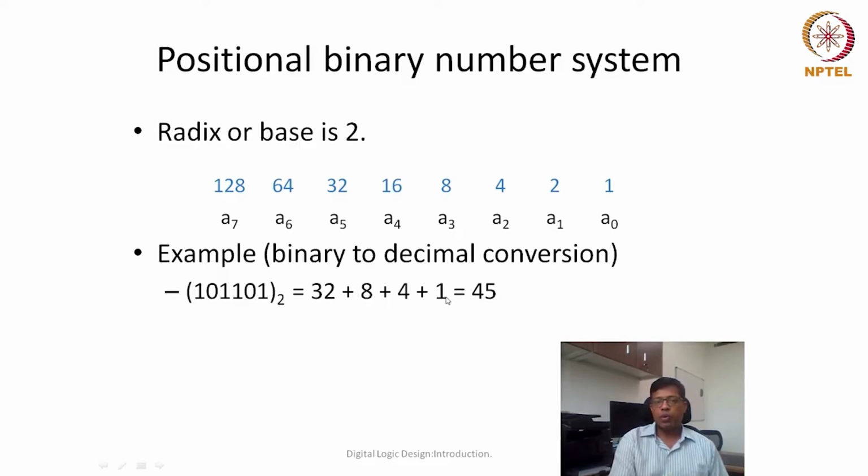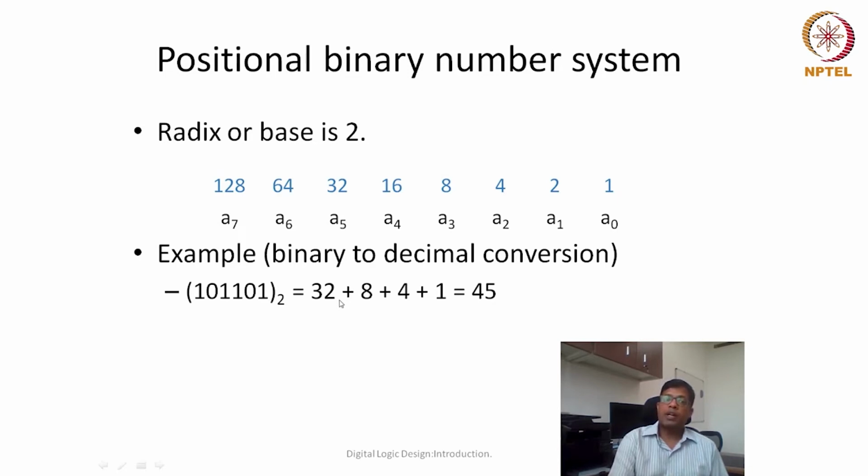So 1 would be multiplied by 1, and the next bit is 0, I am ignoring that, and then at A2 place I have 1. So A2 would be multiplied by 4, and then A3 is again 1, it is multiplied by 8, and A4 is 0, A5 is multiplied by 32.